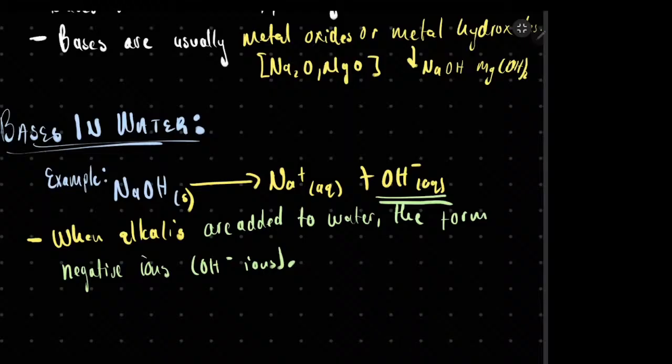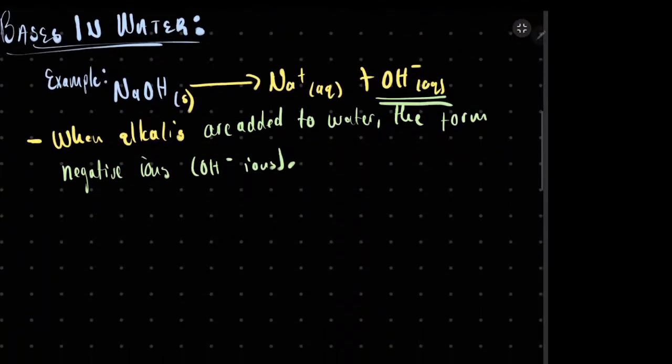When it gets into water, it will separate just like we did for an acid. But when an acid separated, one of the things we got was an H+, and that's how we can identify it. For a base, it's going to release an OH- in water. So bases release OH- in water. Are we together?